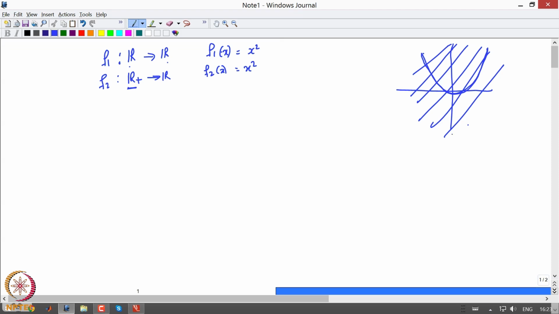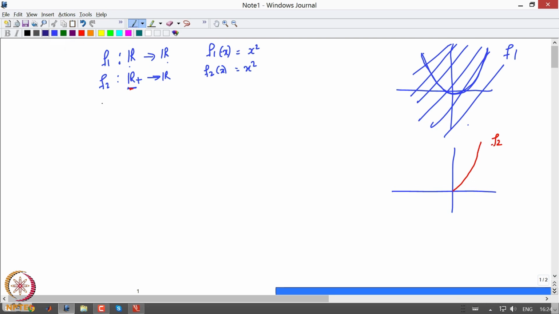So this is my f1. Now if I look at f2, okay, let me use a different color. So f2 would look something like this. Right, so this is my f2. I just discard these negative parts because they are not in the domain.